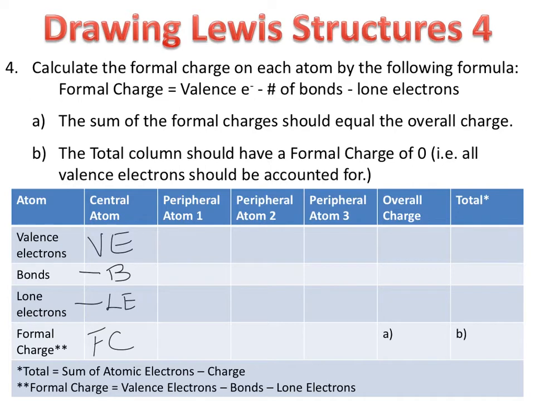Note a couple of other special things. The overall charge has to be the sum of all the formal charges. In addition, we still have to make sure that our total comes up correct.